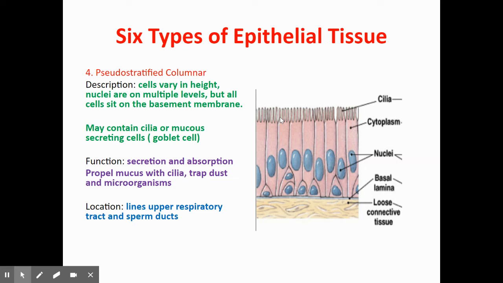Now, some of you might have heard of the term whooping cough. Sometimes we hear in the news about little outbreaks of whooping cough. Whooping cough is caused by a bacteria, and what that bacteria does is basically paralyze the cilia so that they are not able to move the mucus.